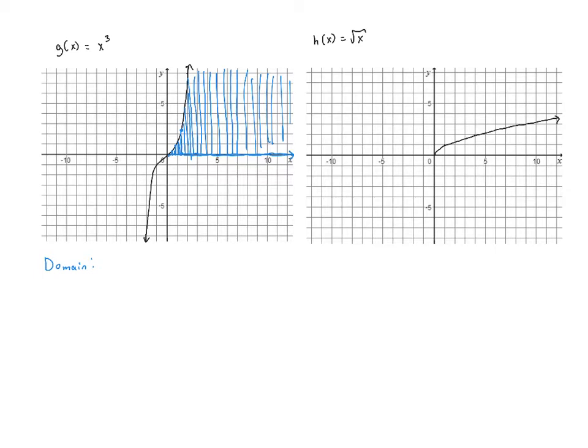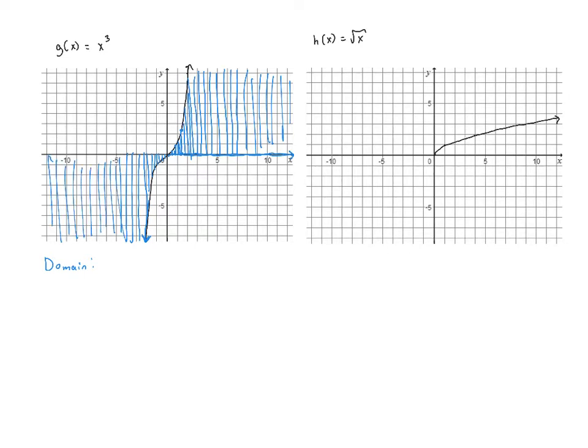Now let's look on the left-hand side of this graph. If we project those points onto the x-axis, we can see that we're going to end up getting the negative values. And because the graph does continue and keeps going to the left, we will end up with all the negative values.